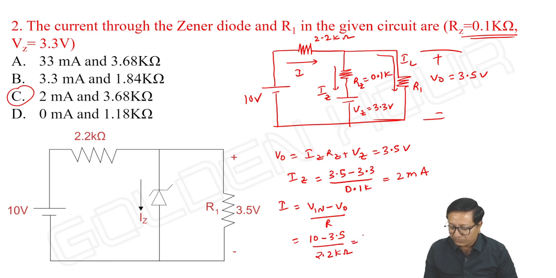So if you solve it, 65 by 22, it is 2.95 milliamperes. 66 by 22 means definitely you will get 3, so slightly less than 3, 2.95 something you get.